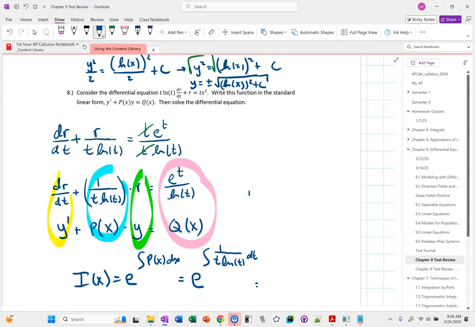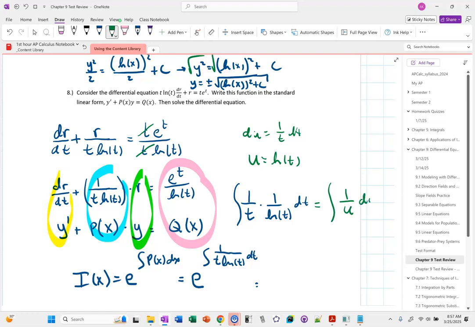Again, I would think about this as 1 over t times 1 over the natural log of t. The u that I'd pick is the natural log of t, because du is 1 over t dt, right? So I'm going to have 1 over u du. So far, so good?